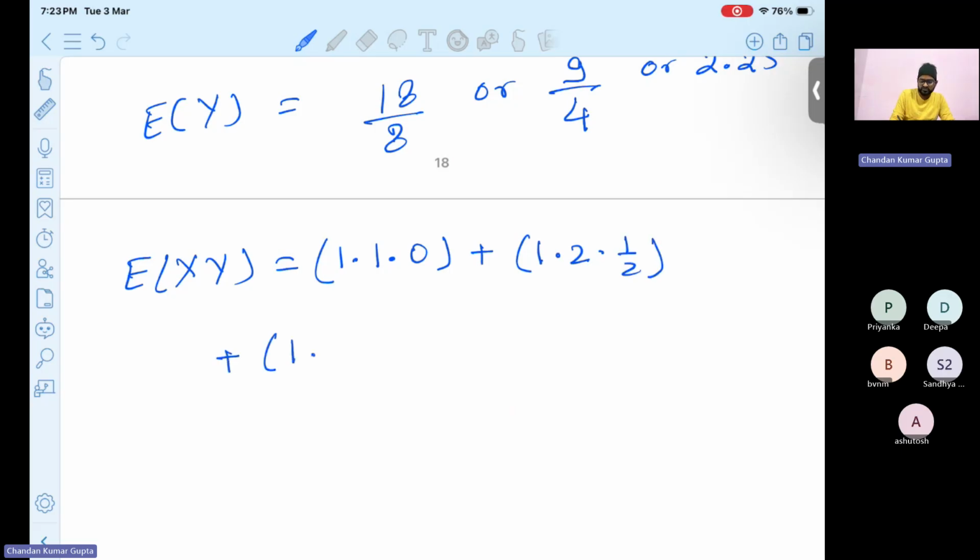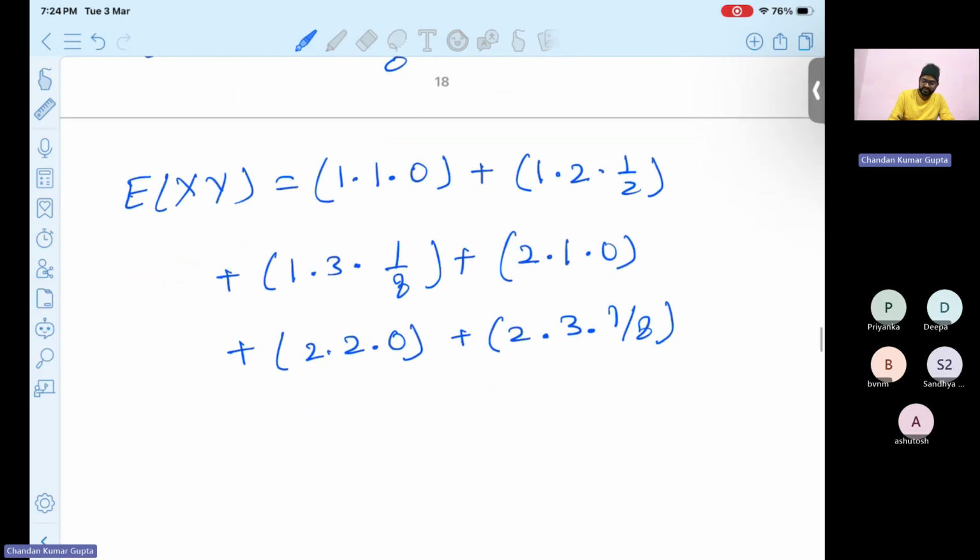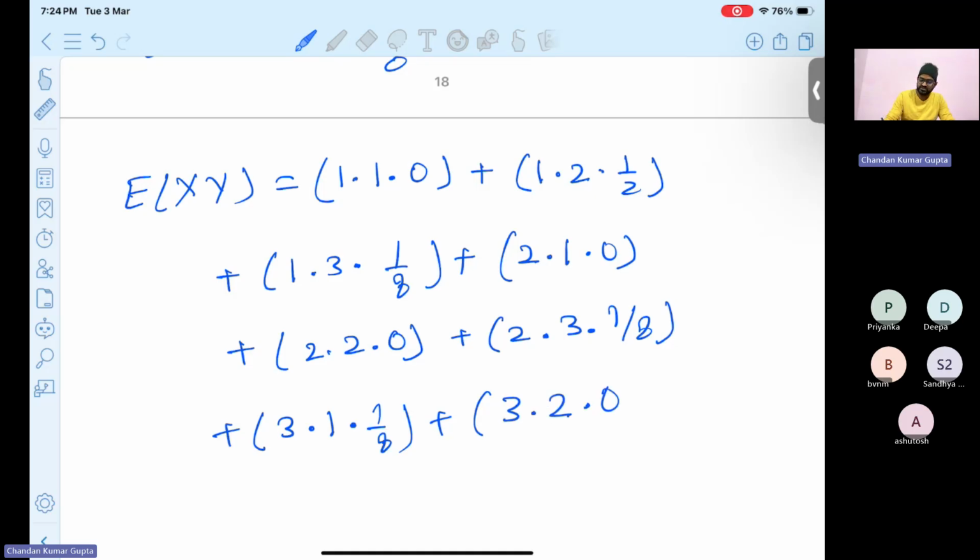Similarly, x equal to 1, y equal to 3, the probability is 1 by 8, plus x equal to 2, y equal to 1, probability is 0, plus x equal to 2, y equal to 2, probability is 0, plus x equal to 2, y equal to 3, probability is 1 by 8, plus x equal to 3, y equal to 1, probability 1 by 8, plus x equal to 3, y equal to 2, probability is 0.